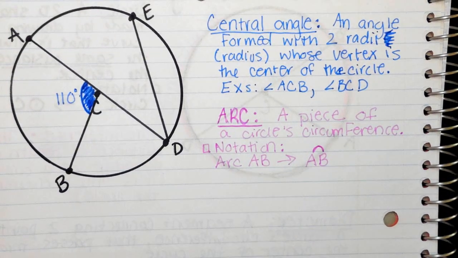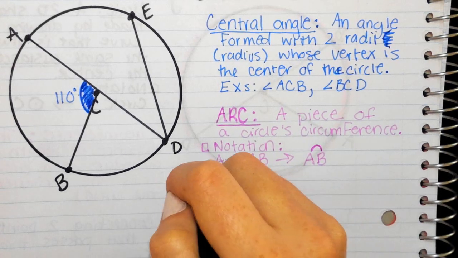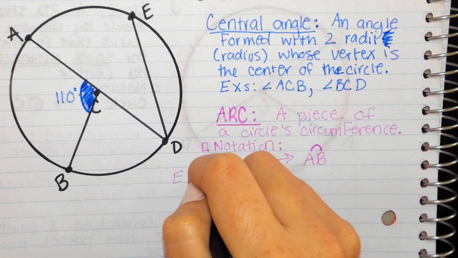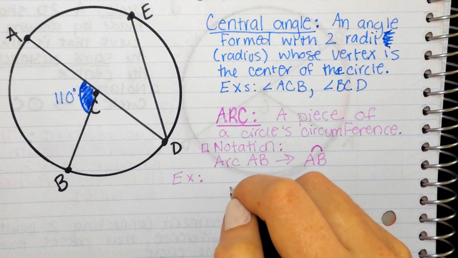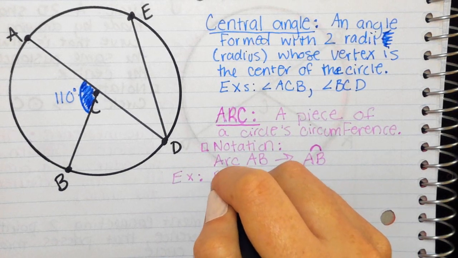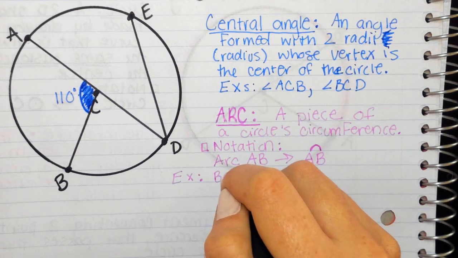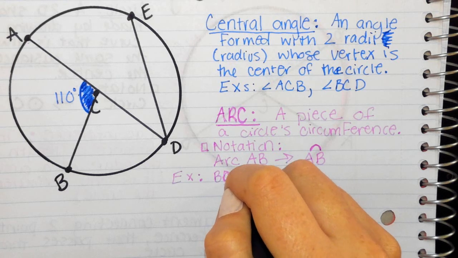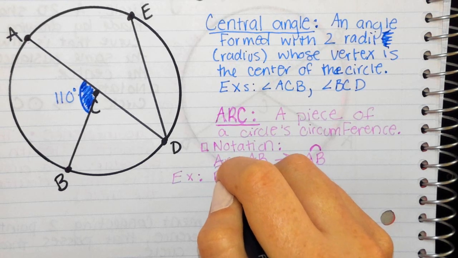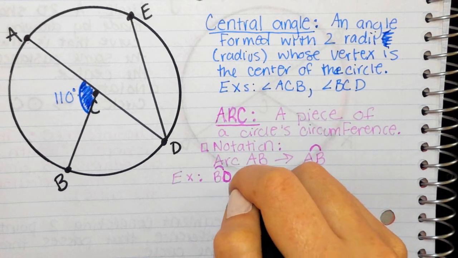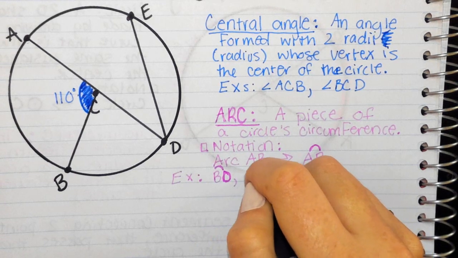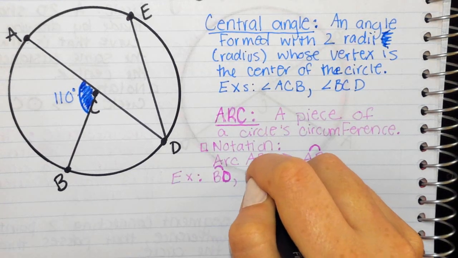There are several different examples in this picture, so I want to list a couple. We have arc AB. We also have arc BD. That's another example. We have arc DE.